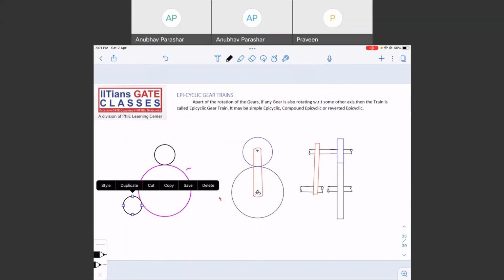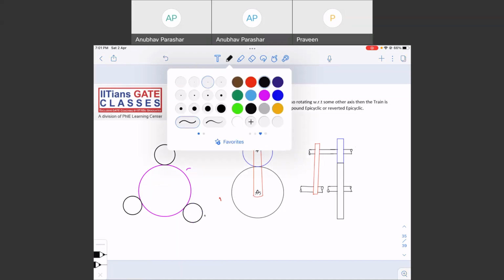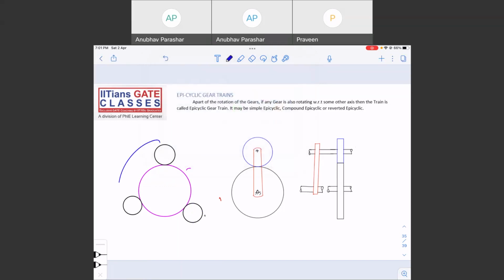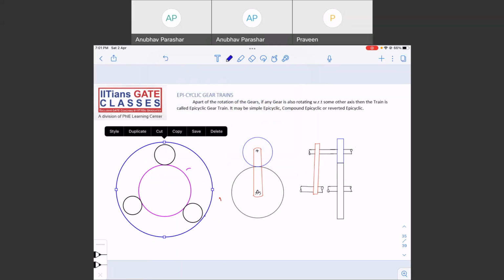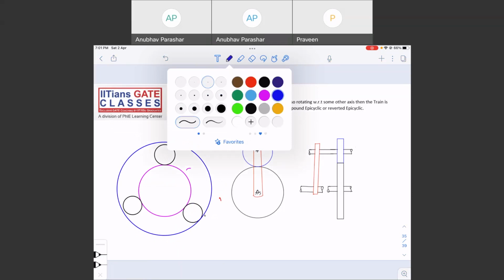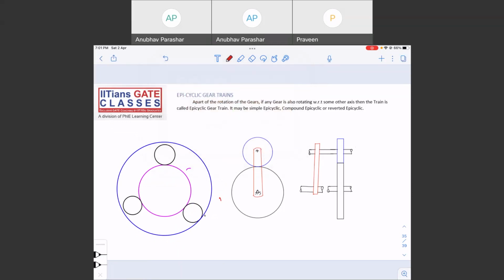Generally, we might also use 3 planet gears like this, and then there is an annular gear like this.